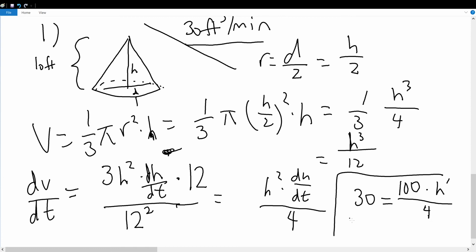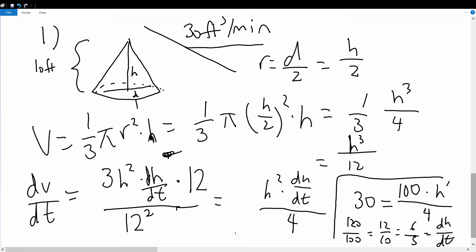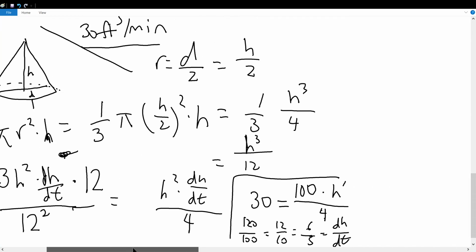So the answer is 120 divided by 100, which is 12 divided by 10, which is 6 divided by 5. That is equivalent to dh over dt, and the solution to our question, how fast the height is changing. So there we go.